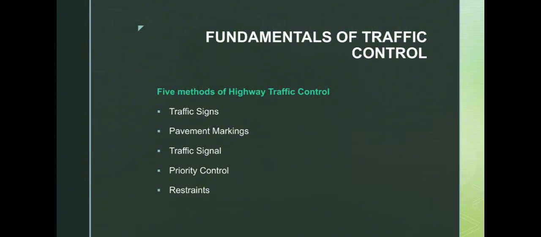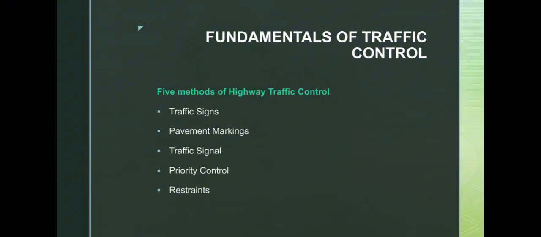Another one is the priority control. It is one of the oldest methods of traffic control. One form of transportation is given priority by restricting or banning other forms of transportation.